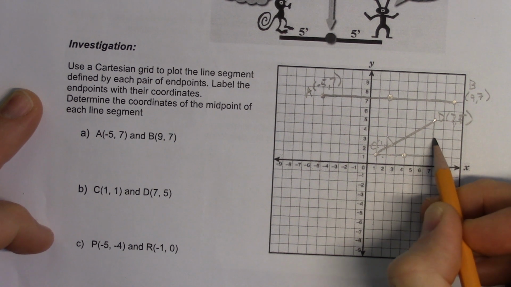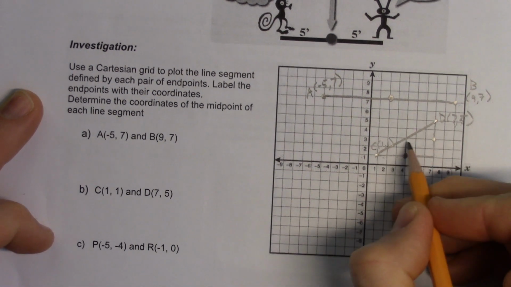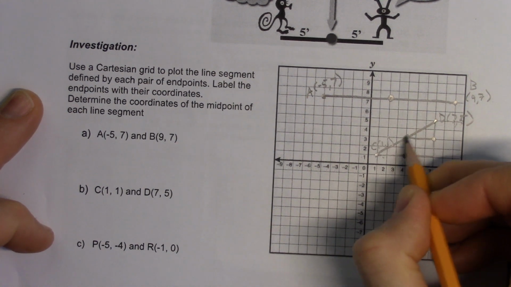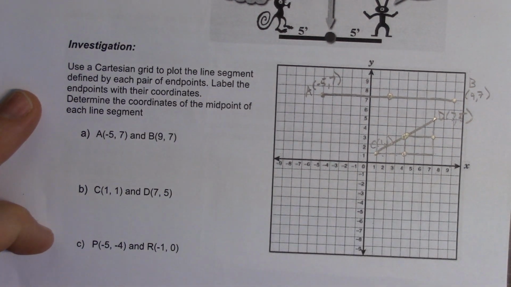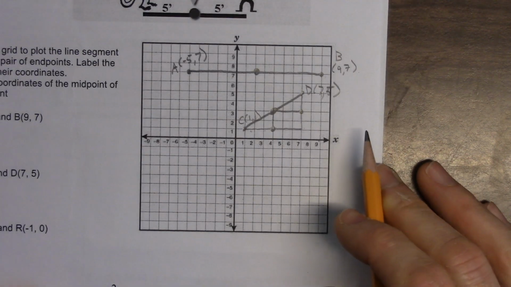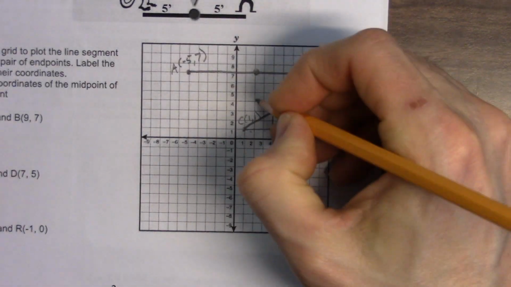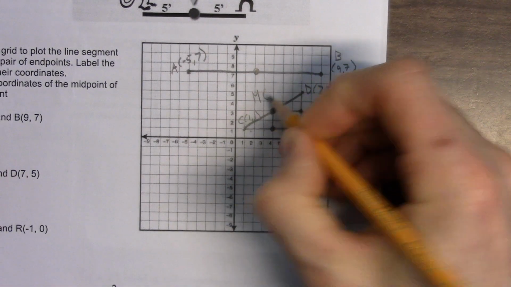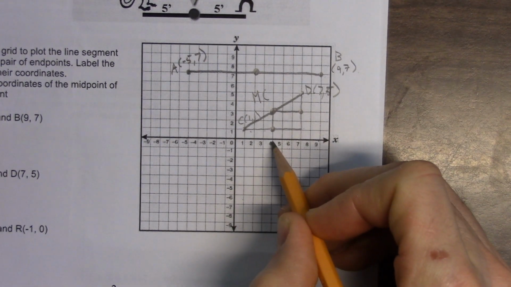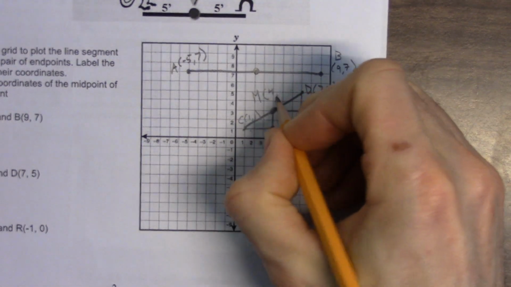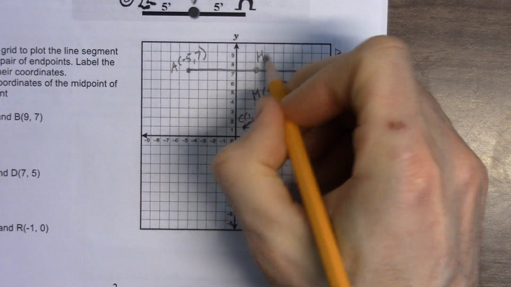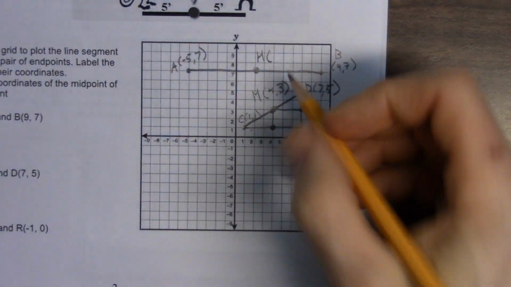The rise, 1, 2, 3, 4, we get the middle, 1, 2, and then where those 2 points meet, the line, that's our midpoint. Okay, so this here is our midpoint, and that would be 4, 3. And this midpoint up here is 2, 7.